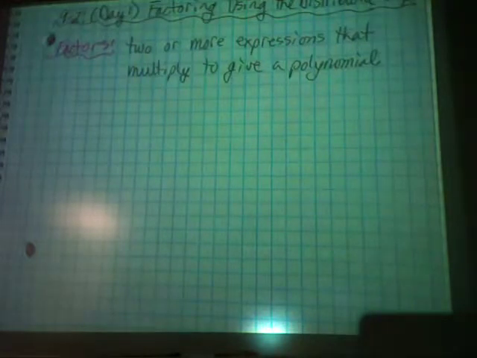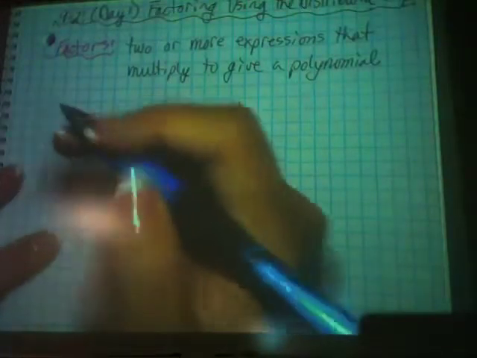So you have to come up with these factors, only they're not going to be the factors that you came up with in the past 2 days.